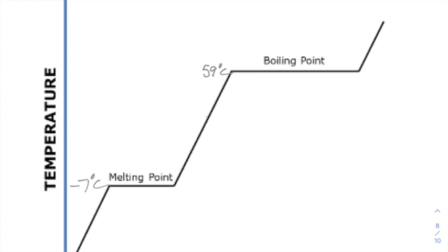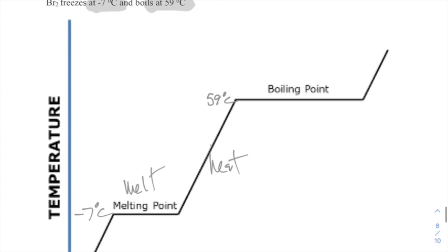So what you're going to have is upwards of 5 different steps for each of these. You have to heat a solid, and then you have to melt it, and then you have to heat a liquid, and then you have to boil it, and then you have to heat a gas.